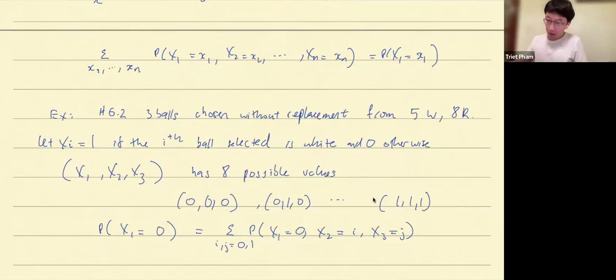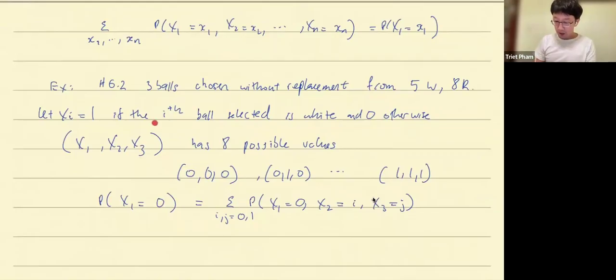Now, if we want to write down the joint distribution of x1, x2, x3 here, then all you have to do is think of what it takes for these events to happen. It's really a description of the probability that the first ball selected is white, the second ball selected is white, the third ball selected is white, etc. So the statement of the random event is this and that and that.